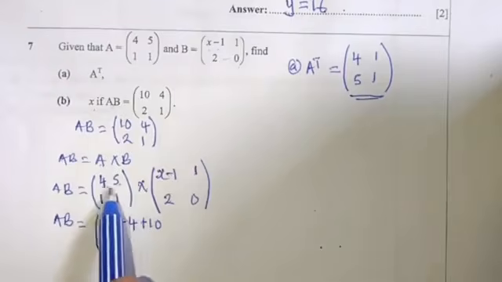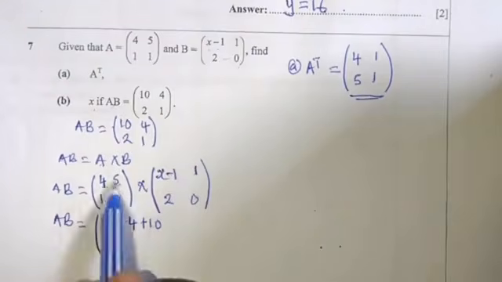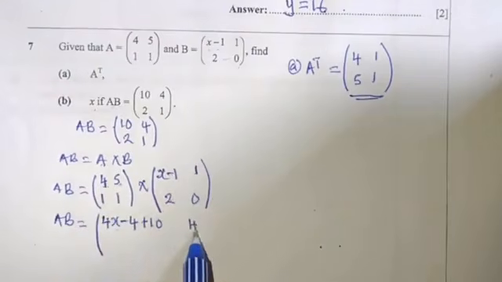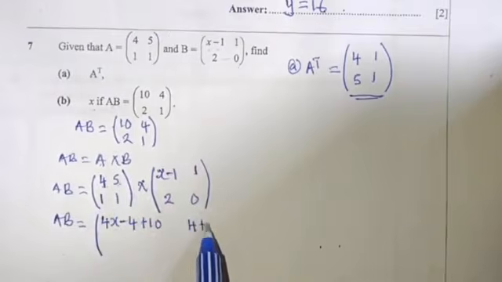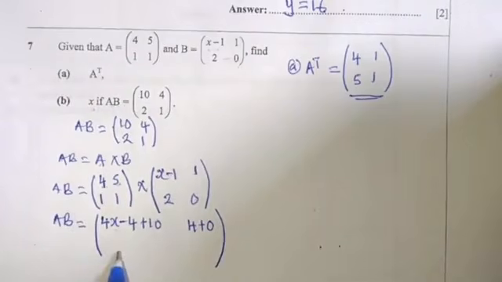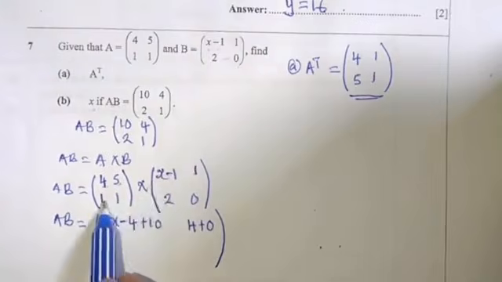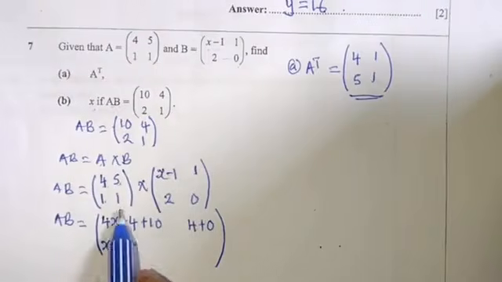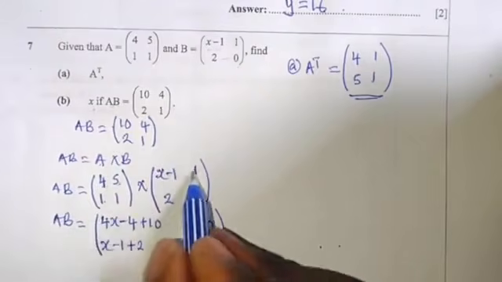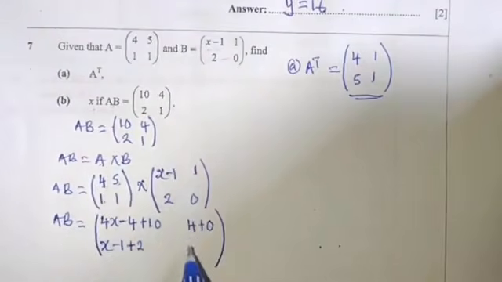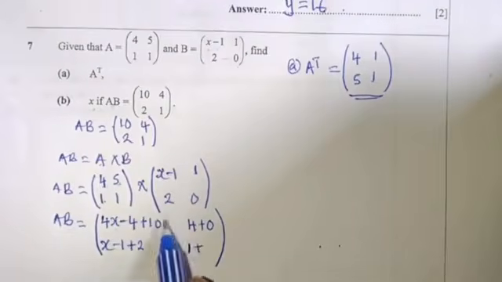For the second entry, row by column: 4 times 1 is 4, plus 5 times 0, which is 0. Again, for the bottom entries, row by column: 1 times x minus 1 gives the same x minus 1, plus 1 times 2, which is 2. Then row by column: 1 times 1 is 1, plus 1 times 0, which is 0.